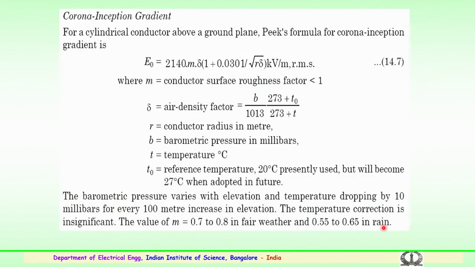Now, the corona inception gradient: there are two factors here, corona inception from the conductors, which depends upon the diameter of the conductor.